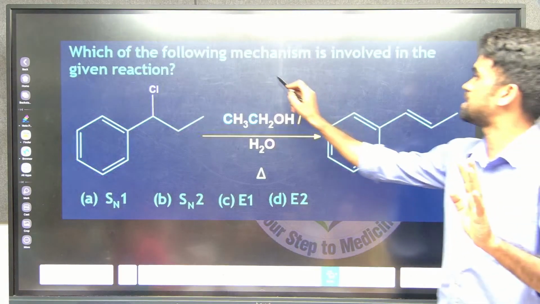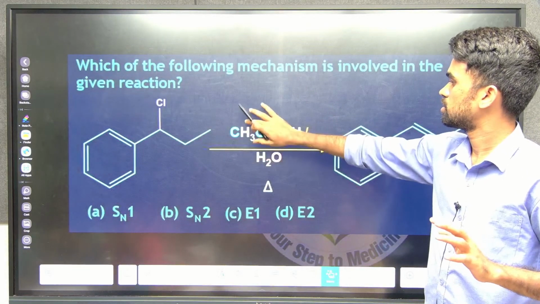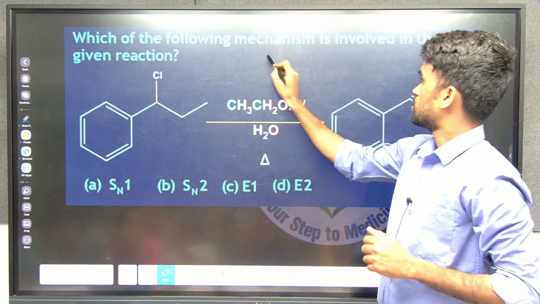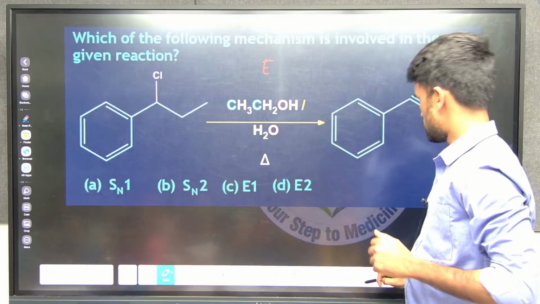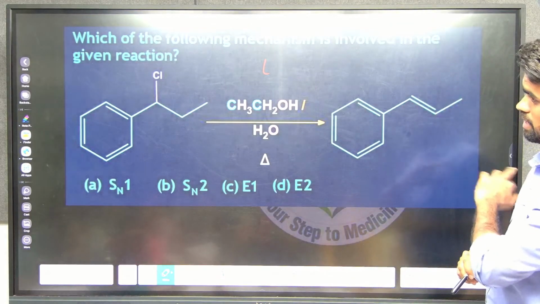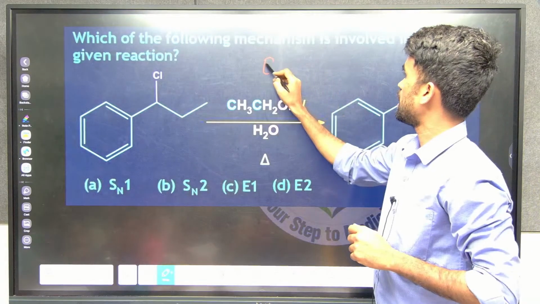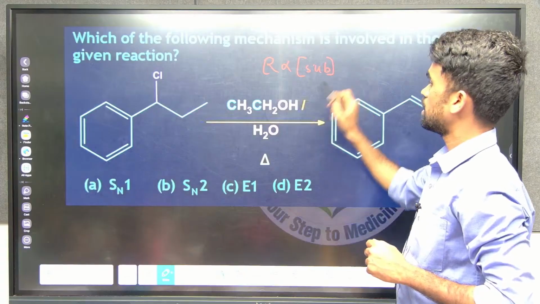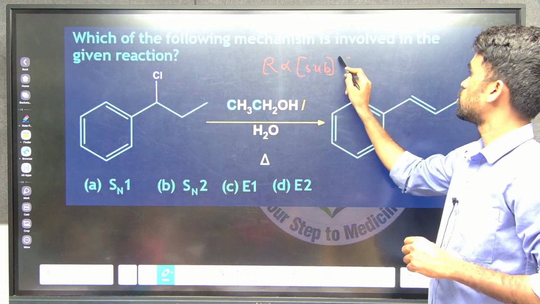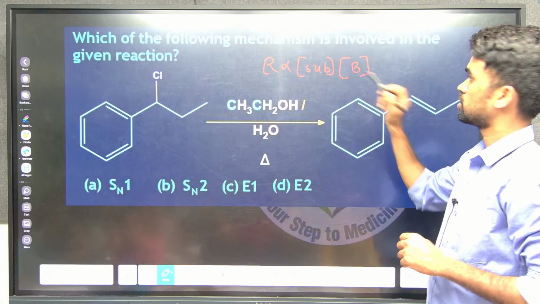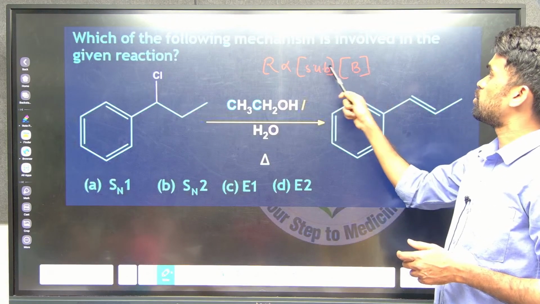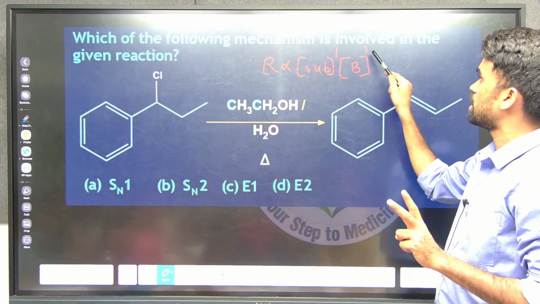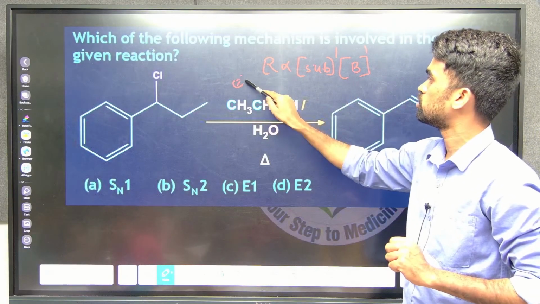Here you will get the basic difference. Okay, heating will get this. So the rate depends on what? Concentration of substrate, and also, since we are saying elimination now, don't say nucleophile, you should say base. If it is depending on both of these, what order is it? 1 and 1 means 2, that will be E2.